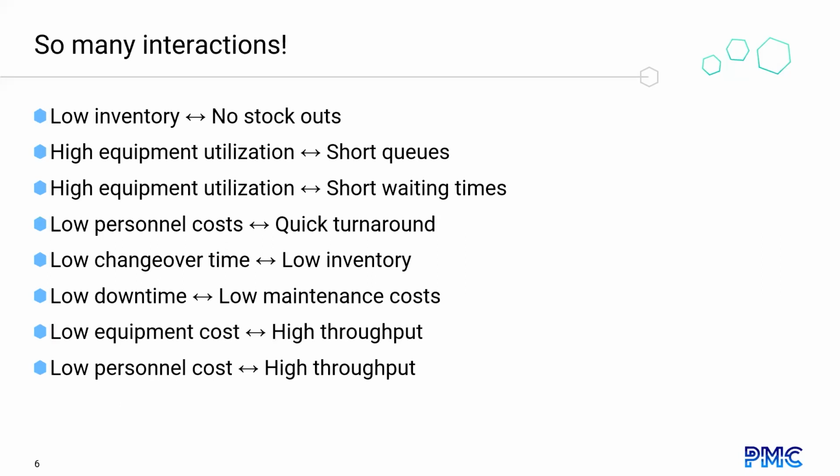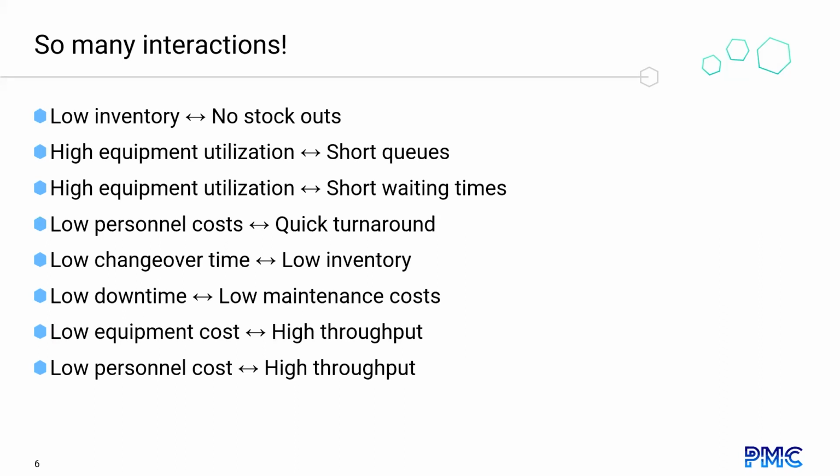I'd like my equipment and workers, for that matter, utilization to be high, because they represent an expensive cost of the equipment, cost of the workers, and yet I'd like my queues, both length of the queue and length of the time in queue, to be short. They work as opposites. I'd like to keep my personnel costs down, but I'd like to get work in and out the door quickly.